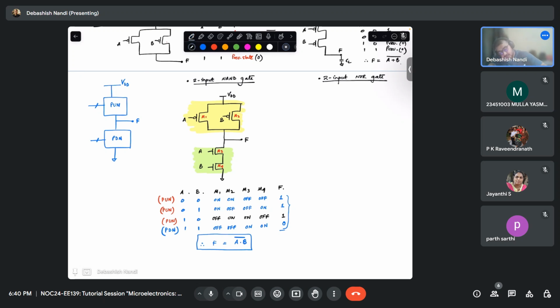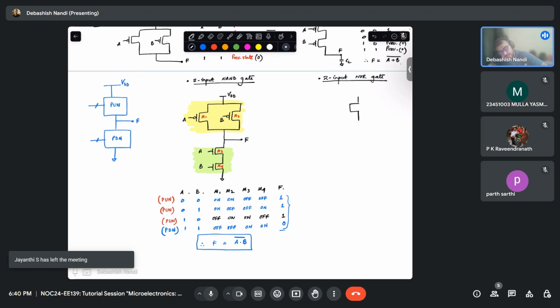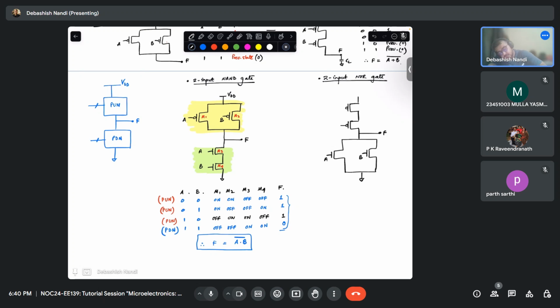Similarly, from the previous discussion, if you connect your pull-up network and pull-down network in this fashion, so this is your pull-up network, this will be your pull-down network.